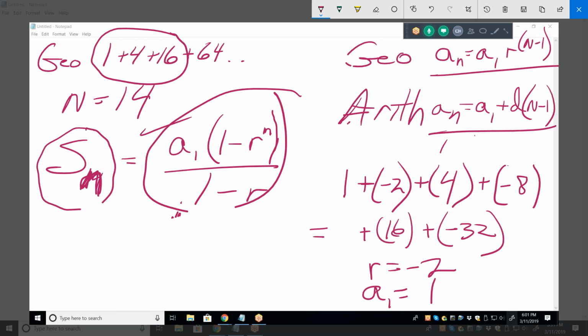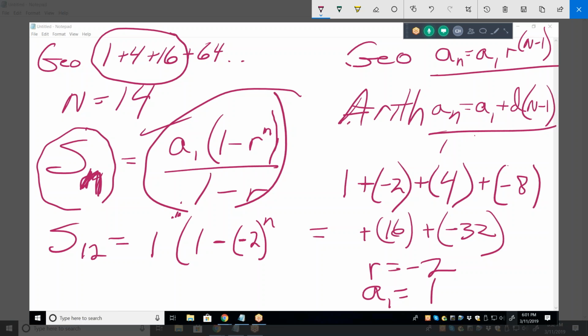So the sum of the first 12, they wanted? Yeah. Okay, it's going to be a sub 1 times 1, what? Tell me the rest of it. 1 plus 2 to the n. Actually not. It's 1 minus, and we know that r is minus 2, and it's r to the n.